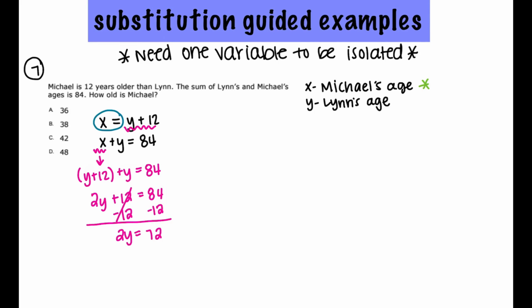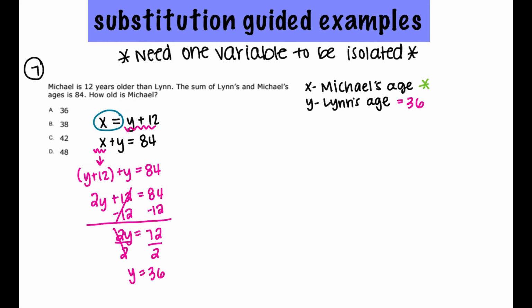So 2Y equals 72. And divide by 2. So Y is 36. So we found that Lynn's age is 36.